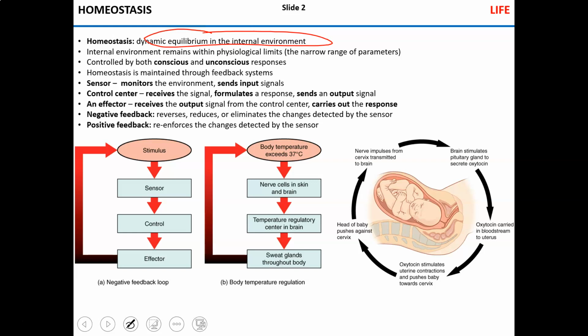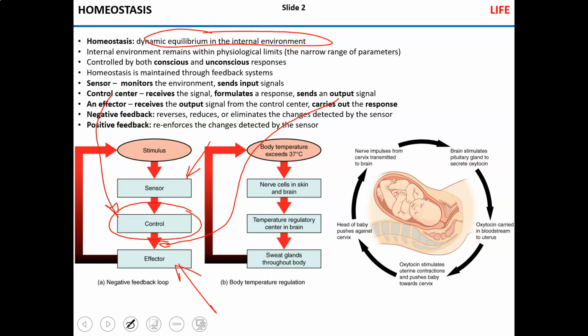Feedback systems consist of, first, a sensor that monitors the environment for stimuli, and once a stimulus is sensed, the sensor sends the input signals to the control center. The control center receives those signals, and based on those signals formulates a response and sends out an output signal which reaches an effector.